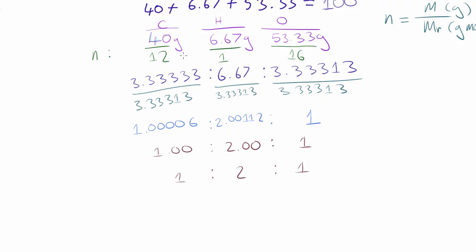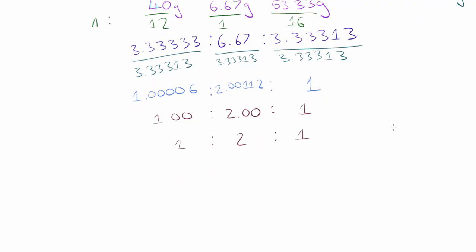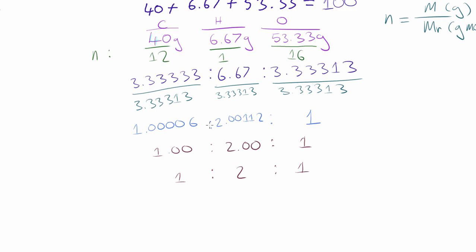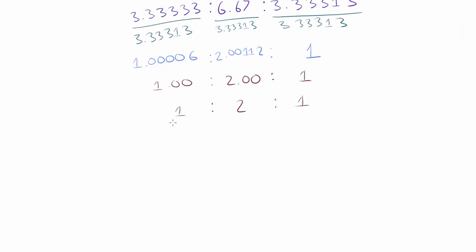As we remember from above, this is carbon, hydrogen, oxygen. So do we now have our simplest whole number ratio? Yes, I would say at this stage we can confidently assert that this is our simplest whole number ratio, 1 to 2 to 1. Therefore, attributable to the carbon is a 1, to the hydrogen is a 2, to the oxygen is a 1.